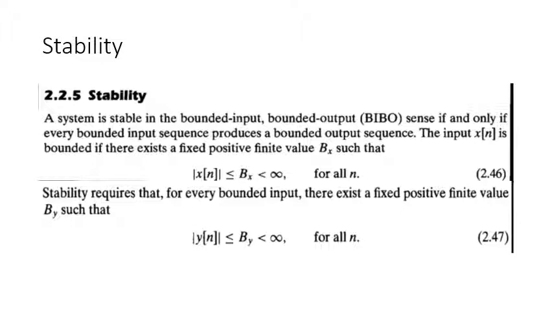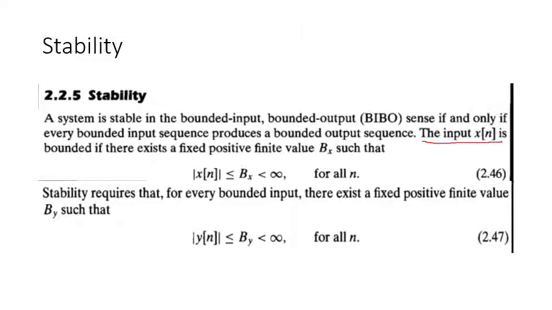For example, if we are providing an input of 5 volts and we are passing that input through a system which is just a squaring system, the output cannot go beyond 25. So if the input is finite, the output must be finite. This is what a stable system is.